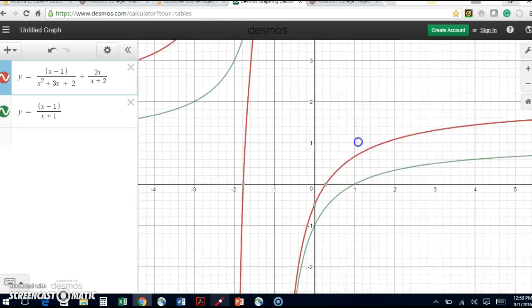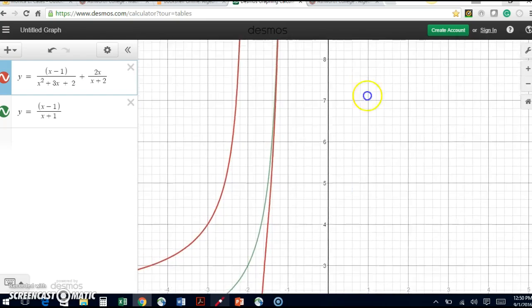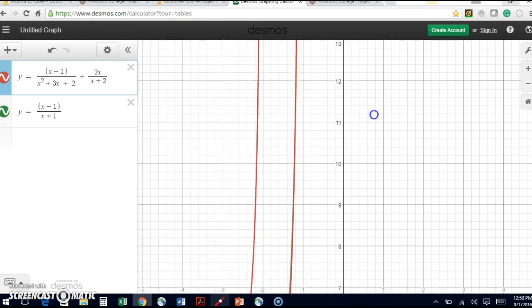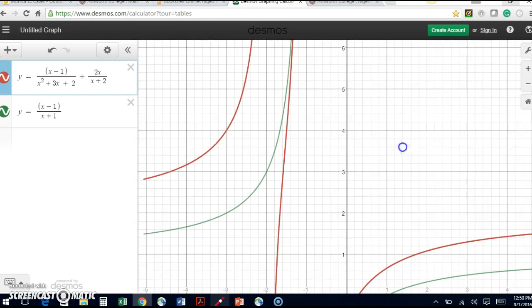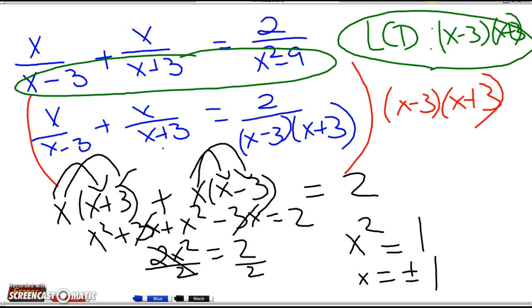And the same thing for this one. It's like there's another asymptote. You see the line is overlapping it now. So we can conclude that there's no real solution here because the values that are coming out do not exist. We can also work it out. I think it's a great idea to work it out.